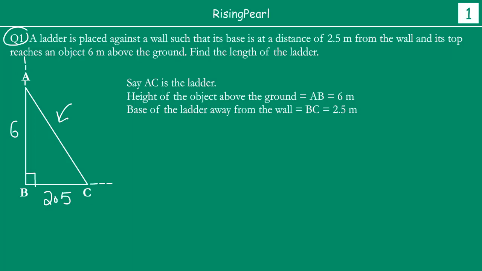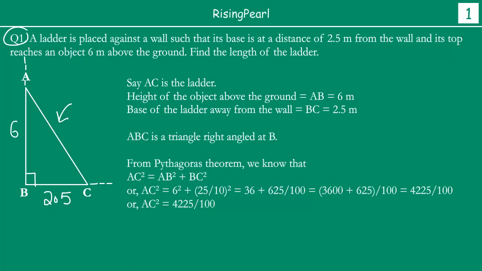As you can see friends, quite simply we can see that ABC is right angled at angle B, right? From Pythagoras theorem we know AC square is equal to AB square plus BC square. So if we put the values in, AC square is equal to 6 square plus 2.5, which is nothing but 25 by 10, squared.